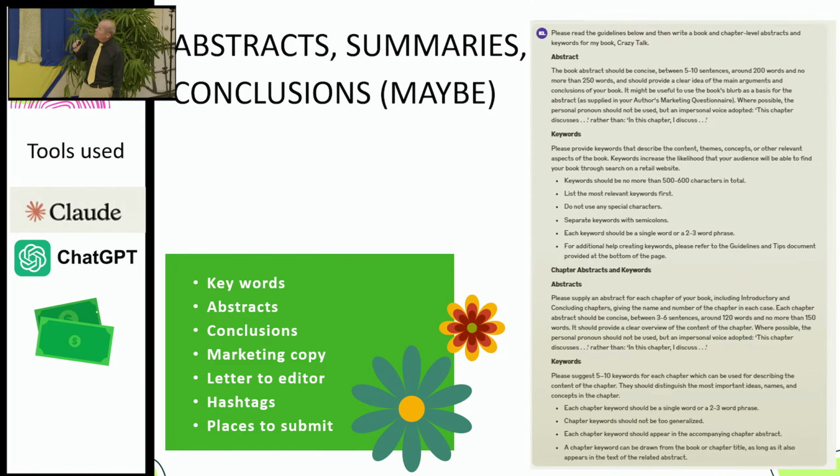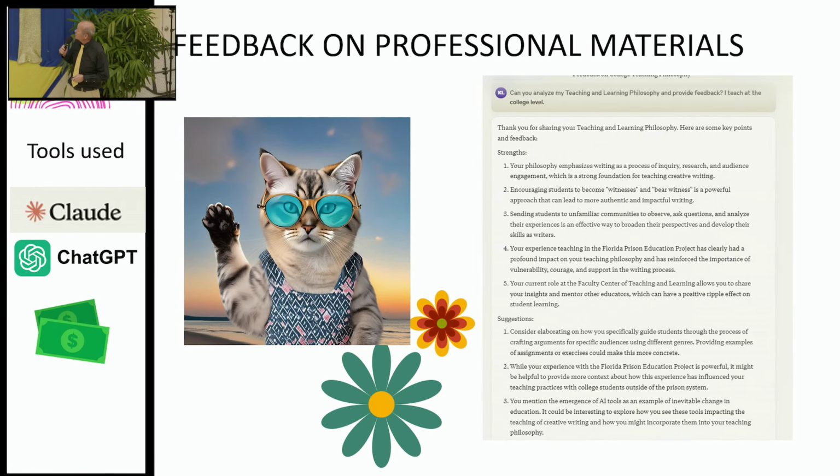So summaries and abstracts. A very common use of AI is, after you've finished writing the thing, before you submit it, you're supposed to submit an abstract as well. The very common use, as long as you trust that the AI is trustworthy, that it's not going to train the model. Feedback on professional materials, it's hard to see at the top, but it's talking about a teaching philosophy statement.